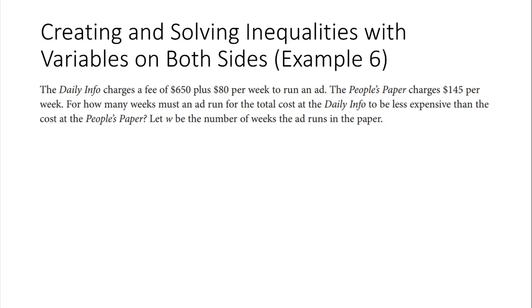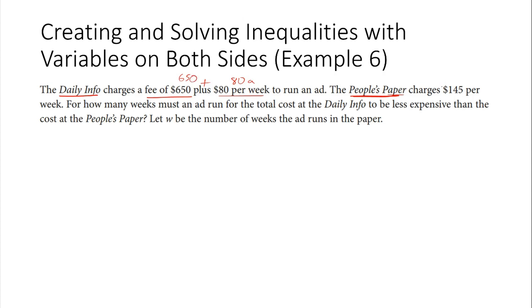All right, so creating and solving inequalities with variables on both sides. So this is what we use to compare in real life. So we have two different companies. The People's Paper. Sorry, I sound like Ben when I saw that. All right, so Daily Info charges a fee of $650, ouch, plus $80 per week to run an ad. Okay, so A for ad, I guess.